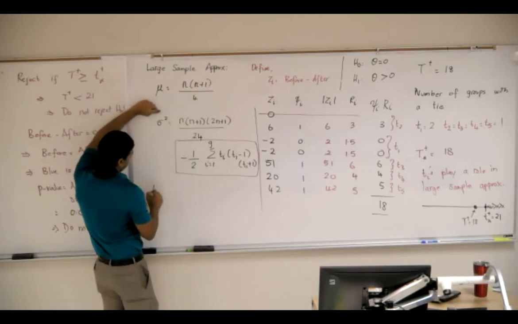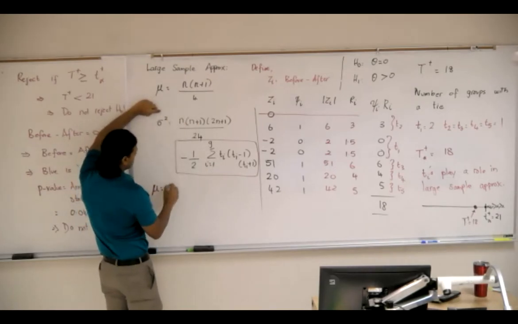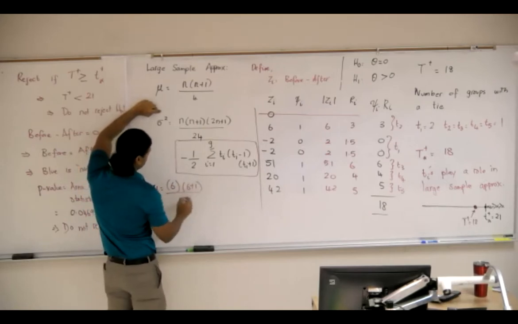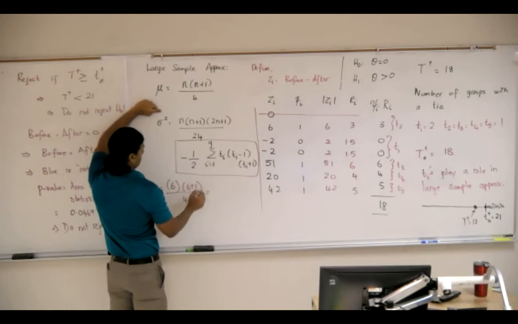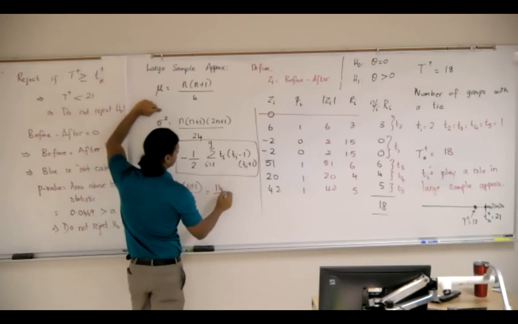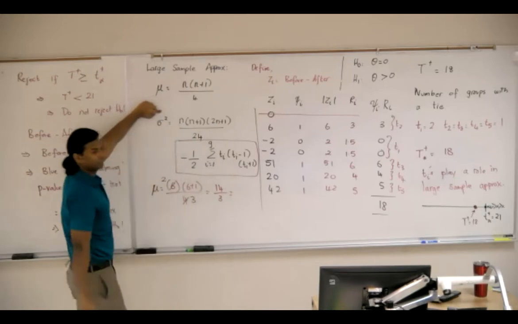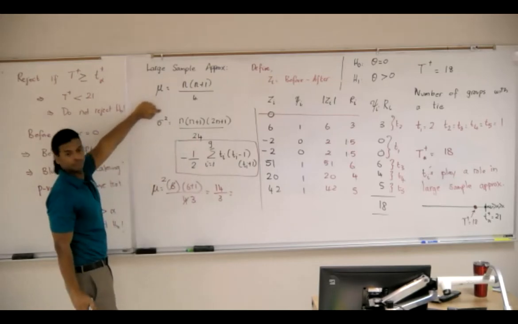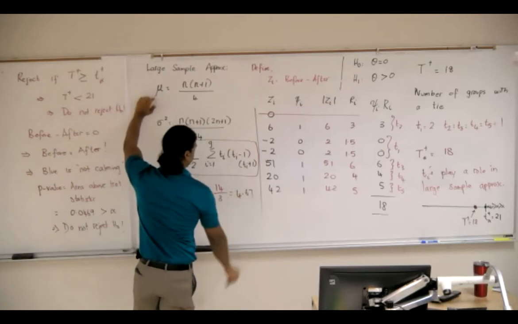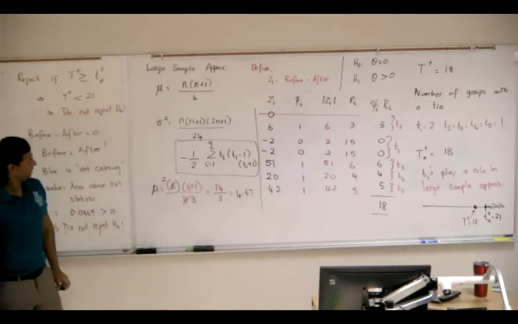So what is the mean? n is 6, times 6 plus 1, over 4. 7 times 6 is 42, over 4, which is 10.5.